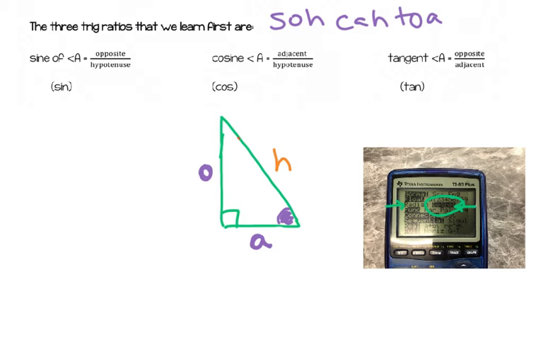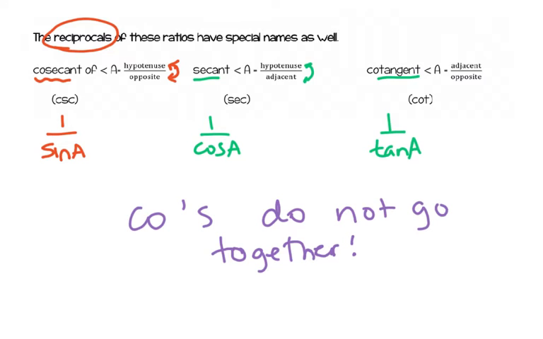SOH is sine is opposite over hypotenuse, CAH is cosine is adjacent over hypotenuse, and TOA is tangent is opposite over adjacent. The one that I like is to think that each of these letters stands for something in a little sentence. I say, some old horse came a-hoppin' through our alley. That's how I remember it. I like it better than SOHCAHTOA. It doesn't sound as dumb, but use whatever you want.